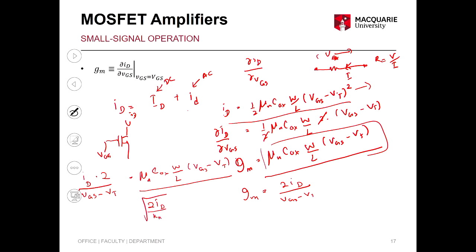Then I can take the square root, so that's VGS minus VT, and I can substitute in here: GM equals 2ID over the square root of Kn, times Kn. So it gives me the square root of 2 Kn ID. Okay, so that's different.